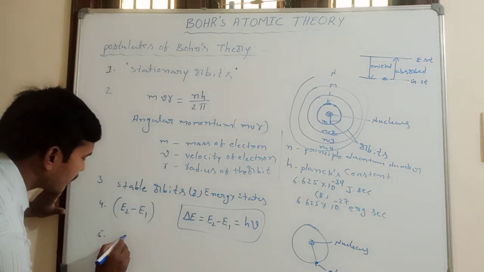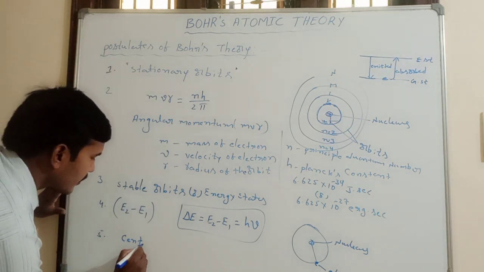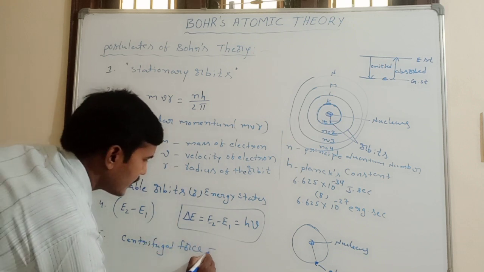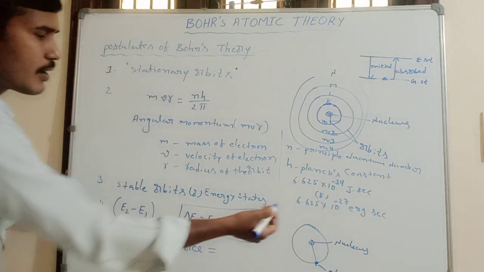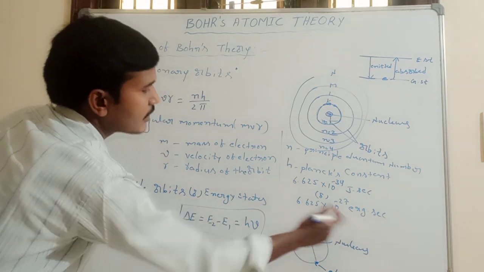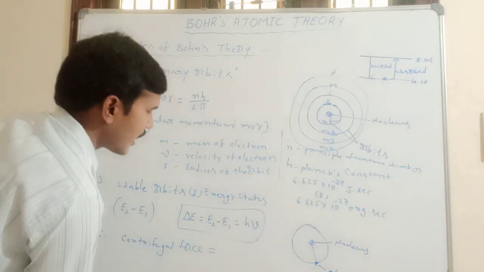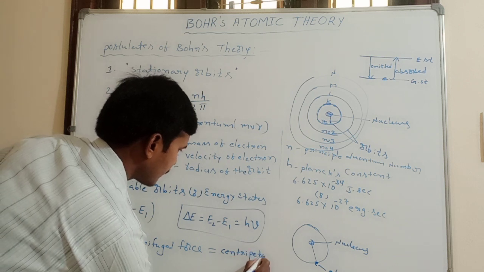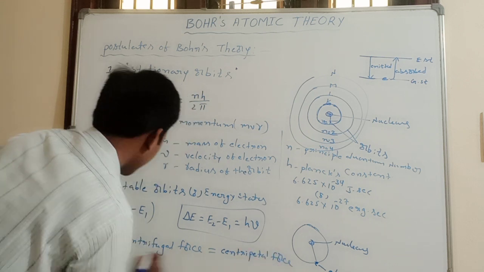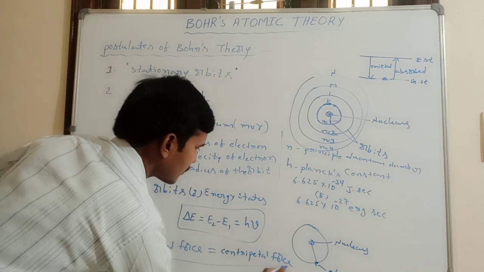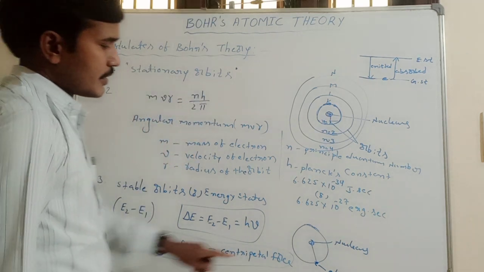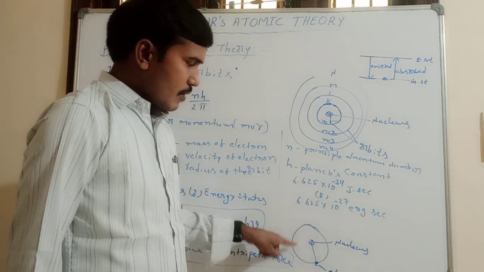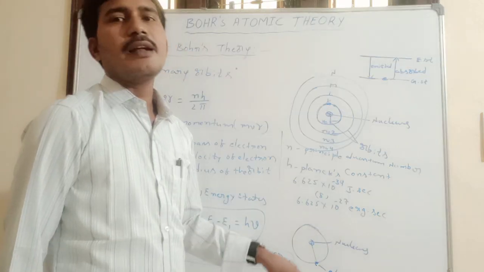Centrifugal force is equal to the electrostatic force between the nucleus and electron, which is nothing but the centripetal force. That's why the electron does not move away. It revolves in a stationary orbit. It neither loses energy nor gains energy. It revolves continuously in a fixed closed circular path.